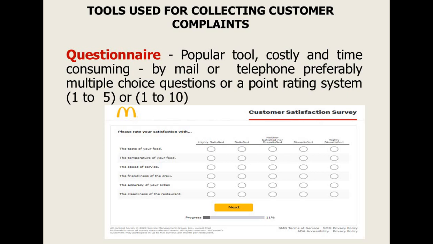Here we can see an example of a customer satisfaction survey. These surveys are more effective because for each and every factor we can analyze it, and they can be collected through mail, telephone, or in a physical way using paper and pen.